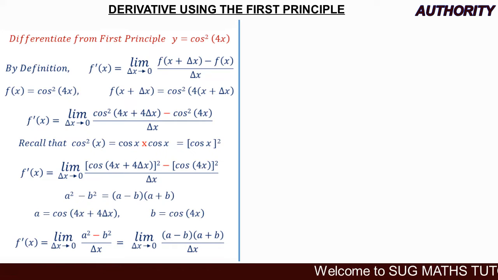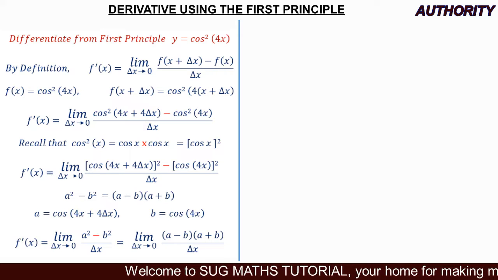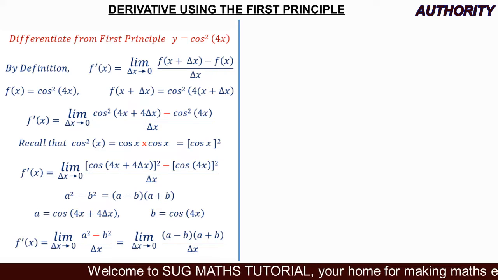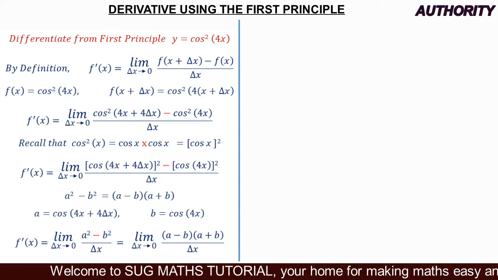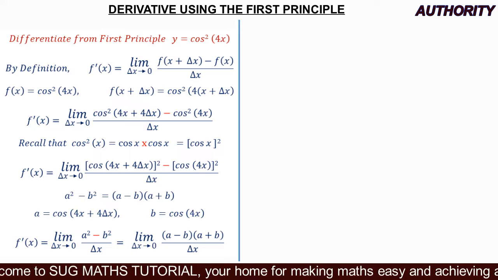So when we factorize it, we come out with two factors, which are a minus b and a plus b. Here we have a squared minus b squared.